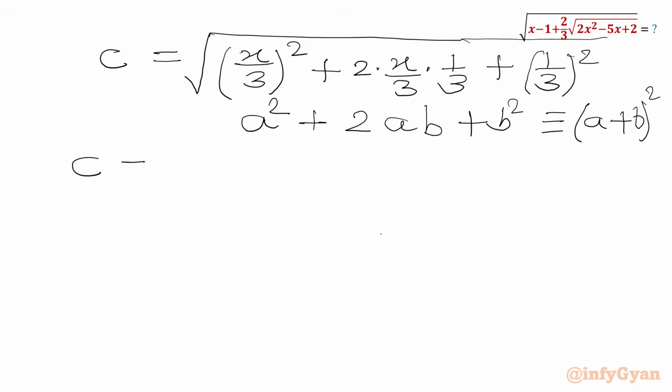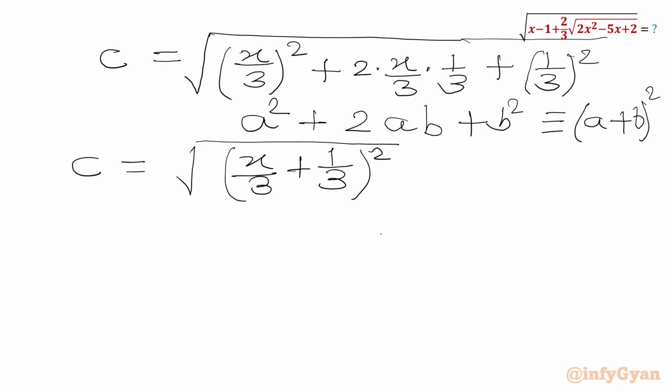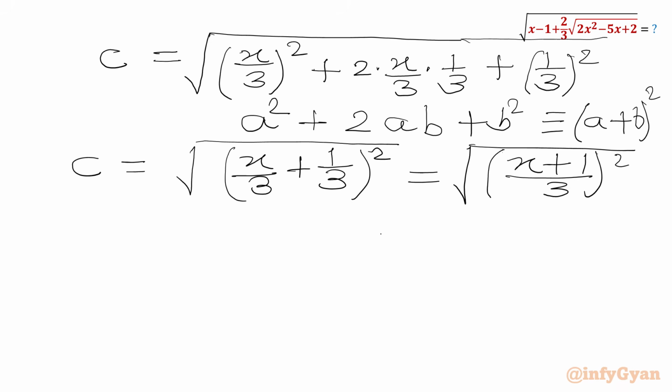So c will be equal to the square root of x over 3 plus 1 over 3 whole square, which will be equal to the square root of x plus 1 over 3 whole square. Now we can cancel a square root with a square.